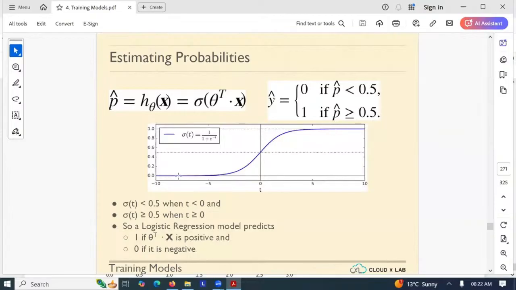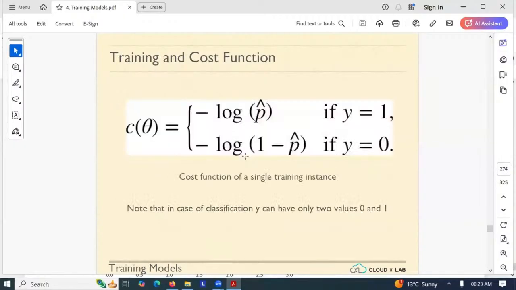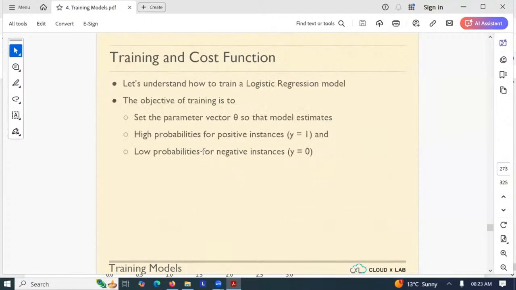Similarly, if the probability score is very, very low, nearly 0, then the classifier is again very confident, and with high confidence it is telling us that the input belongs to the negative class. So we want high probabilities for the positive class and low probability for the negative class. So these two equations satisfy these conditions, right?